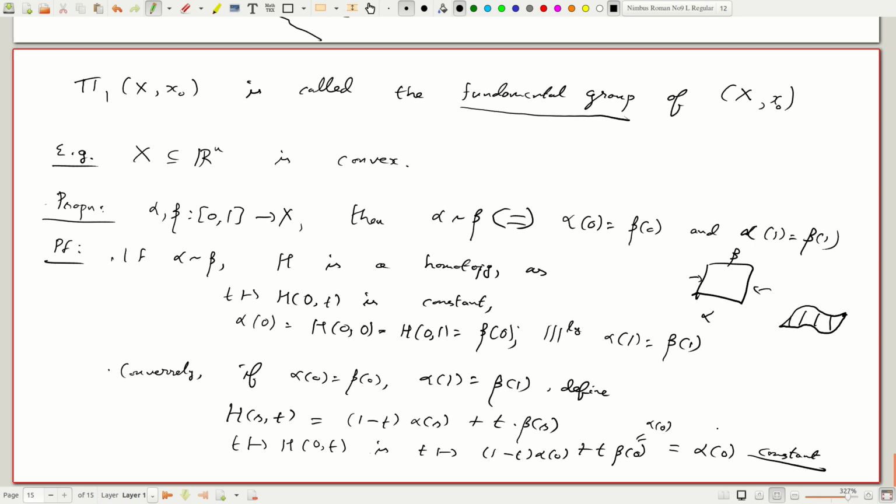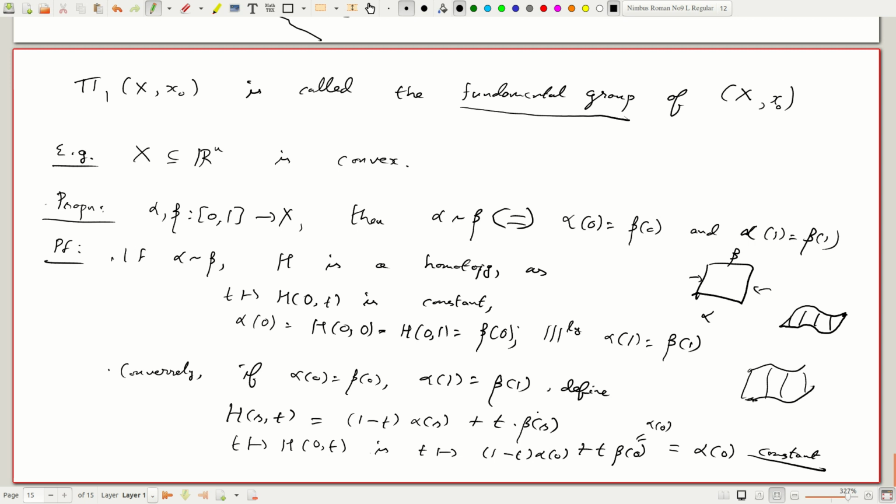Otherwise you always get a homotopy. It's well defined, there's no problem. It's just that if I had one path here and one path here, I could just get a homotopy between them. It's just not a homotopy fixing endpoints. And where did we use convexity? If the set was not convex, this formula will not give you a point inside X if it took an arbitrary subset of R^n. Of course, if it was an arbitrary topological space, this is even completely meaningless.